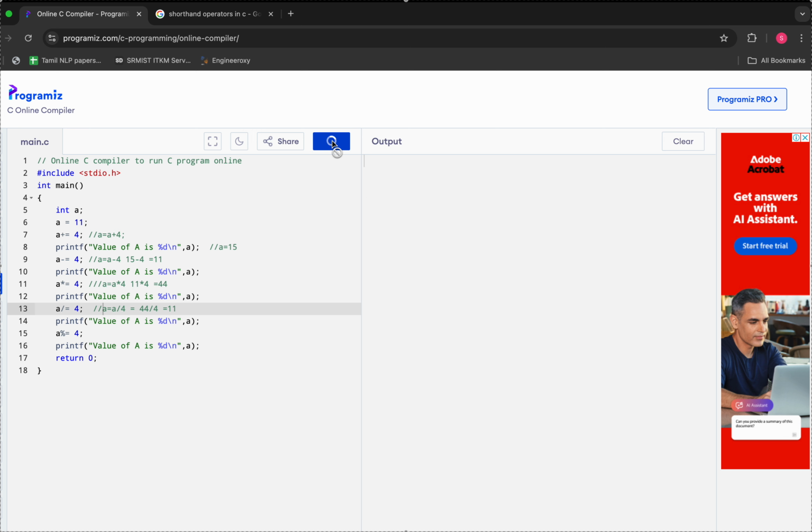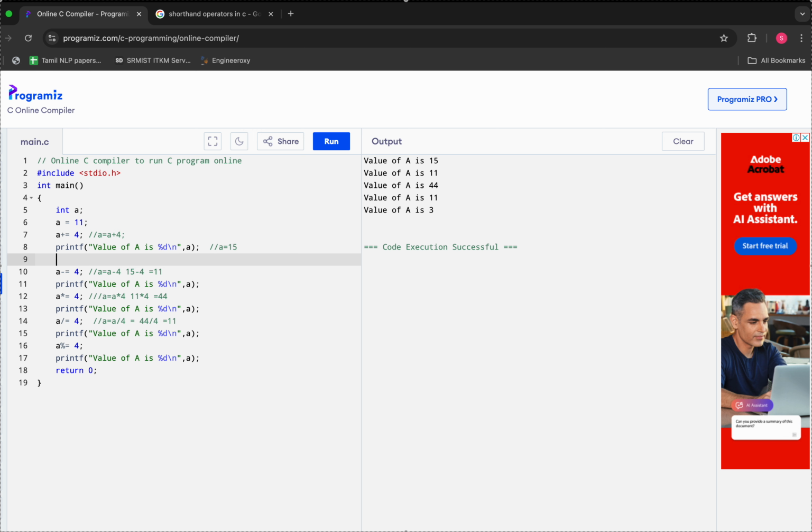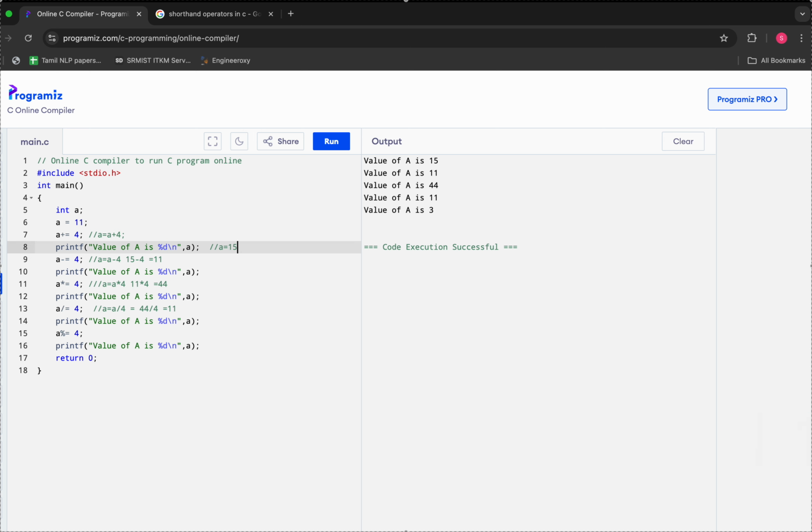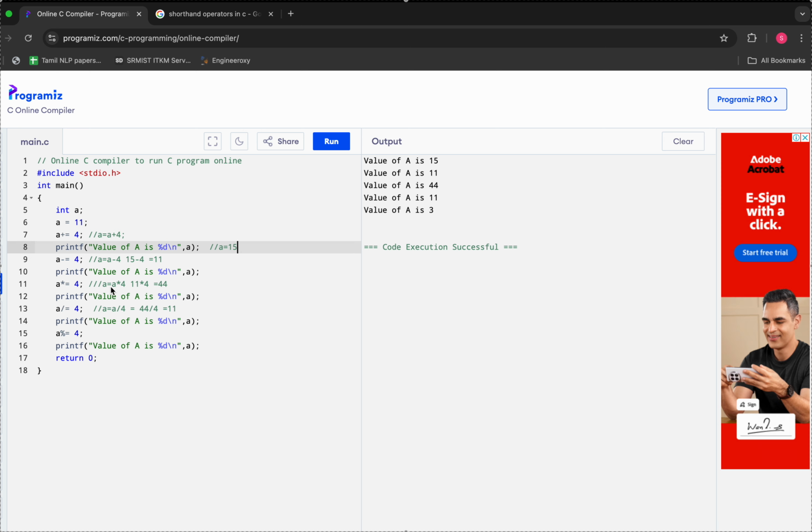You can evaluate. Yes, correct. That's why, if you want to not change the a value, they are reassigning every time. In order to understand it better, we are reassigning each and every time to do the operations. I hope you understand.